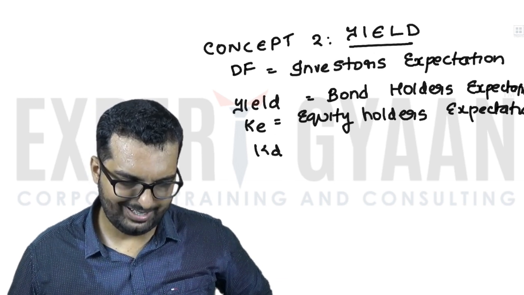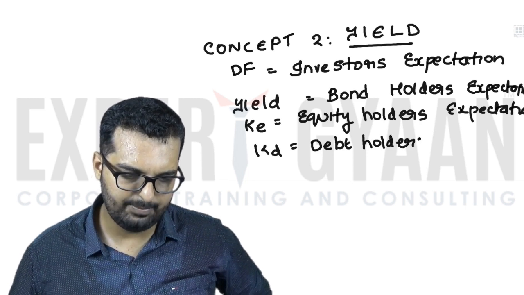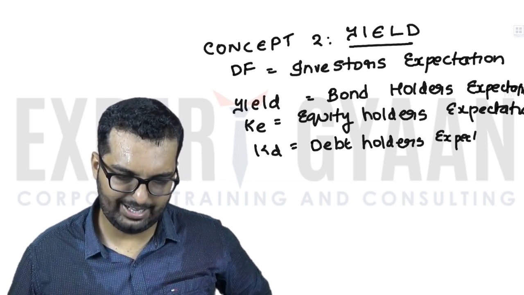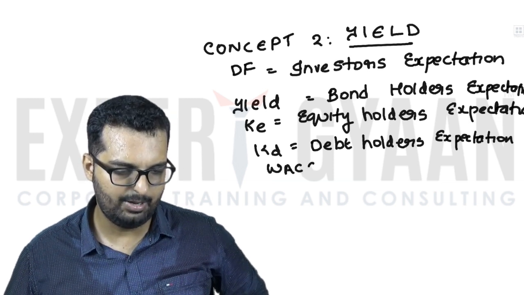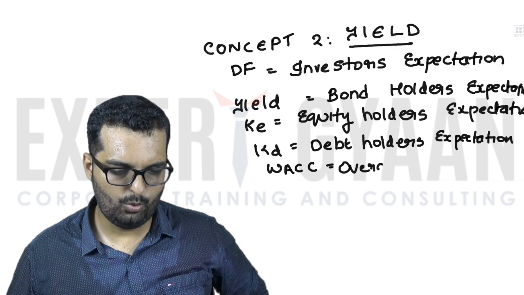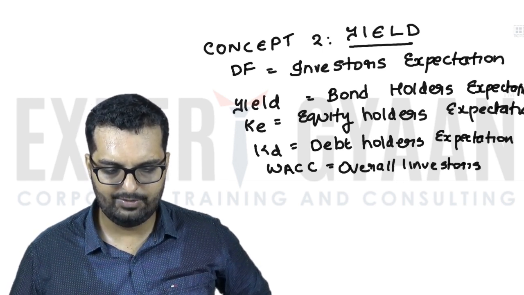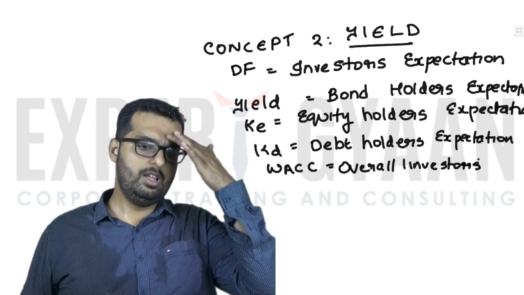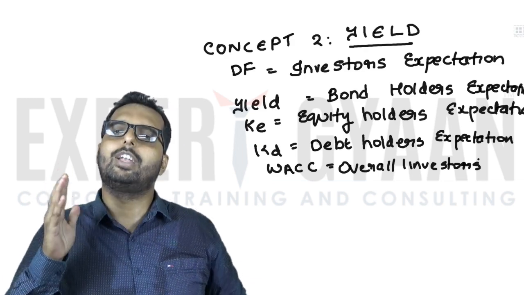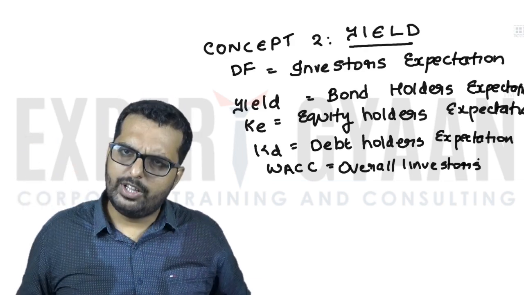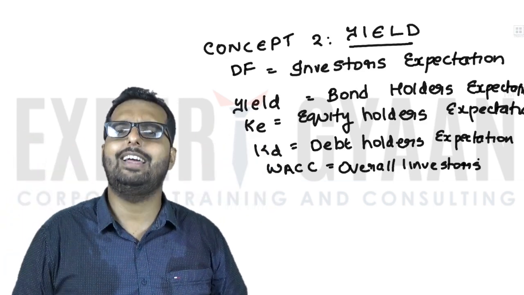Then you will have something called KD, which is debt holders' expectation. And then we have something called WACC. This is overall investors' expectation. So friends, whether you call it yield, KD, KE, WACC or whatever, all these are nothing but investors' expectation.